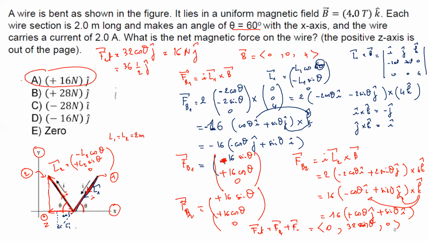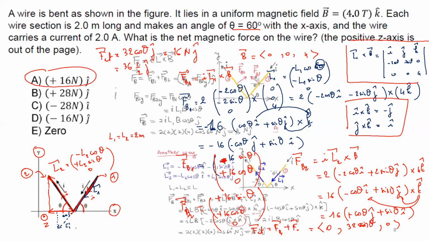Okay. So bottom line, you need to know how to calculate the cross product, either by using the determinant or by using these formulas. I hat cross J hat gives you K hat, etc. So you can develop it easily without making a mistake.